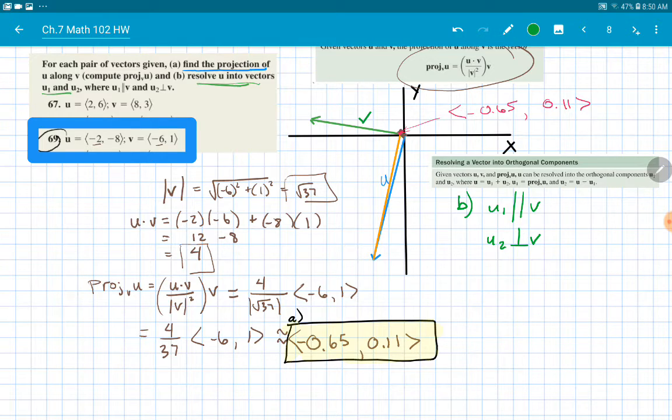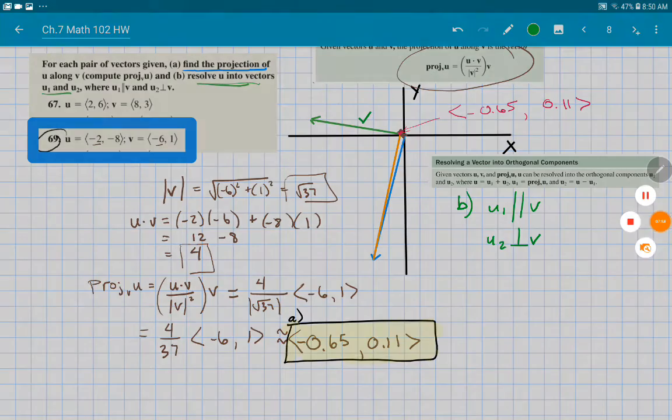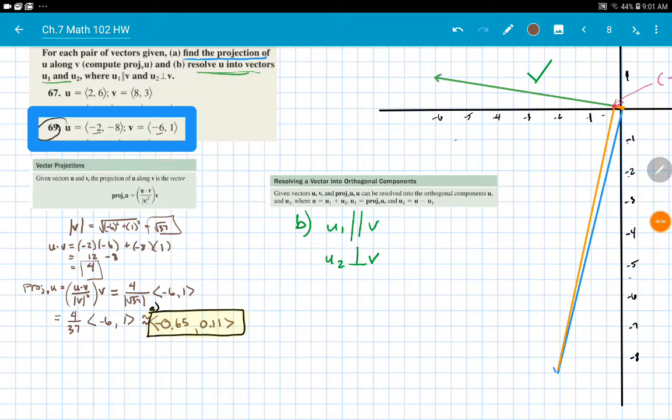So U1 and U2, so I'm going to edit my sketch so it's bigger so we can scribble on it. Okay, a little zoomed in now, so I have each tick mark being 2 tick marks per one, so I can see a little bit better.